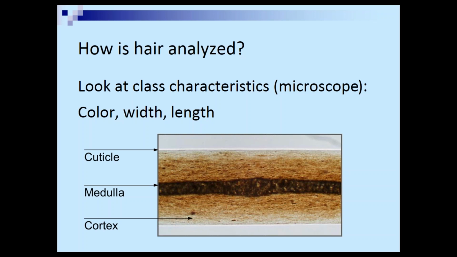We have the cuticle, which we'll talk about in a couple slides, which is the outside of the hair. It's like the paint on the pencil. In hair, the cuticle is actually scaly, like the scales of a snake. There's also the cortex, which is like the wood of the pencil. It makes up a majority of the inside of the hair, contains pigment blotches, and causes the color of the hair.